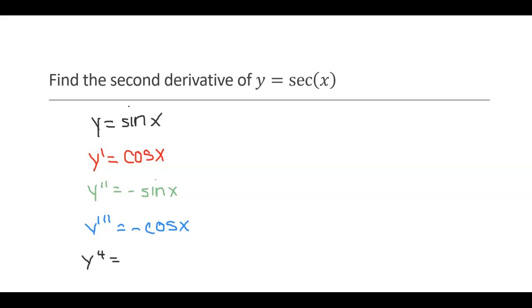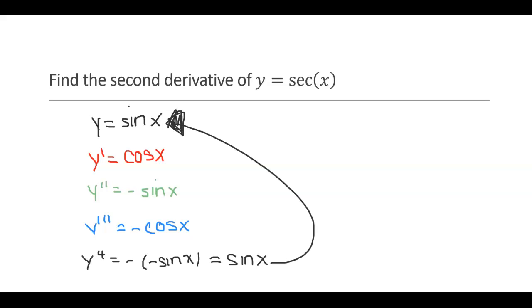The derivative of negative cosine is sine x, which is what I started with. So how many cycles are there going to be for trig functions? 4. Just something to keep in mind.